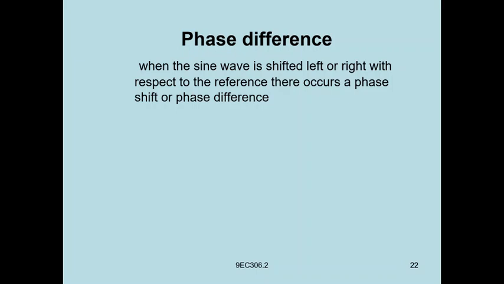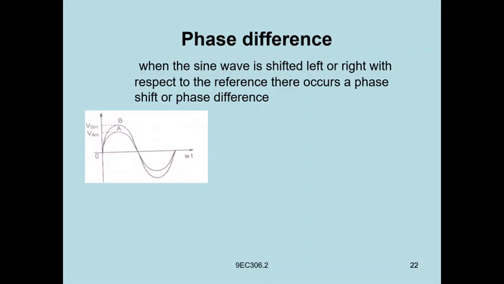That is the reason we are going to discuss this phase difference: when the sine wave is shifted left or right with respect to the reference, there occurs a phase shift or phase difference.